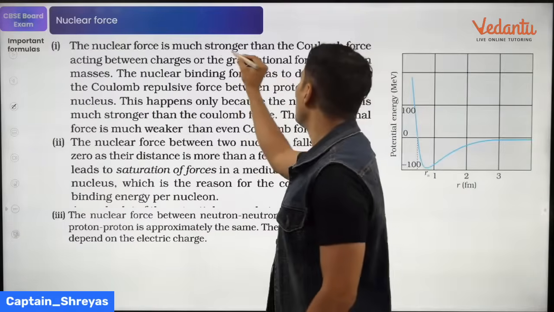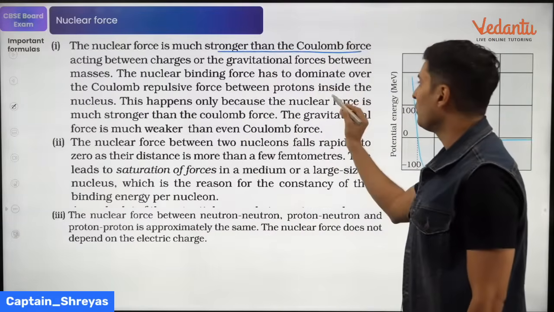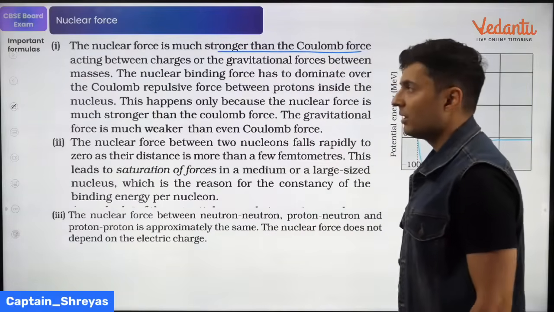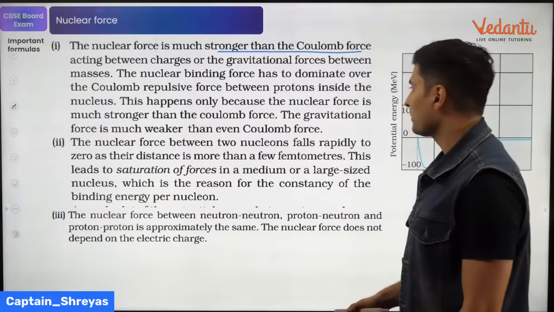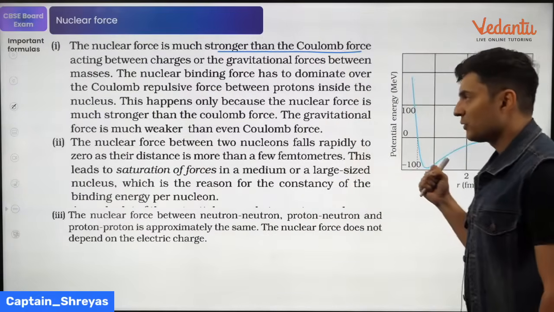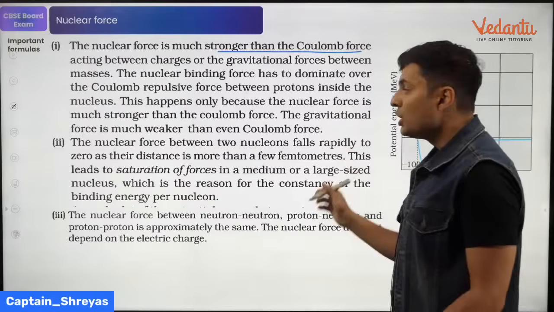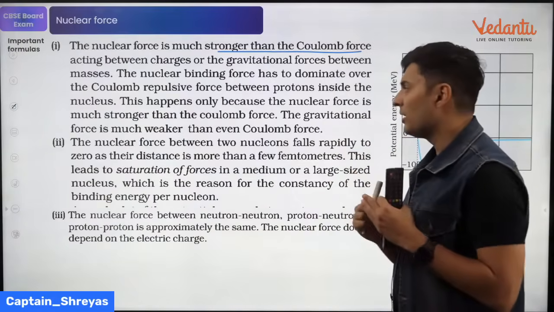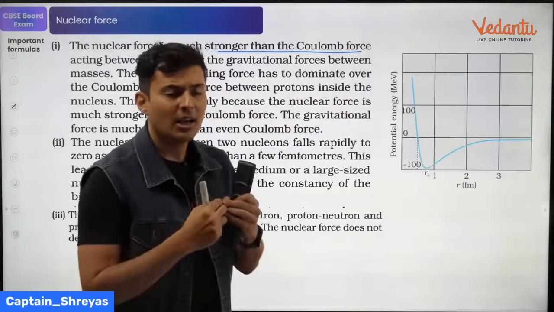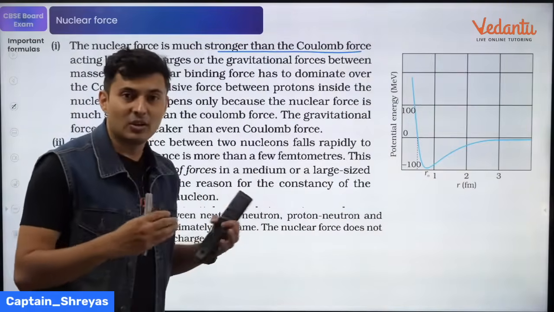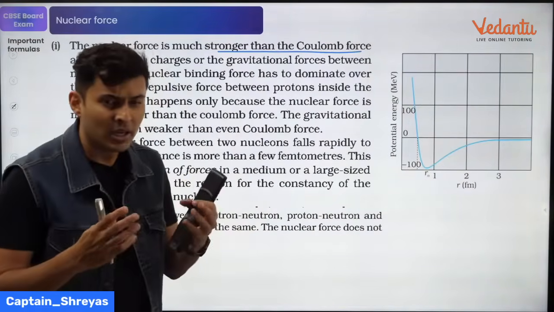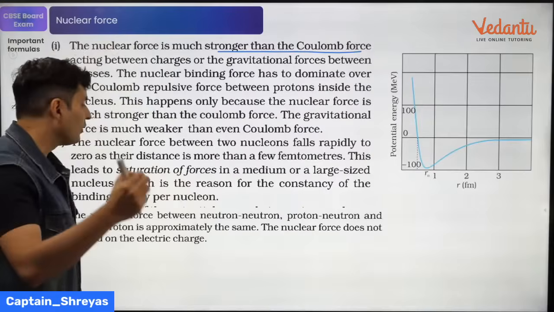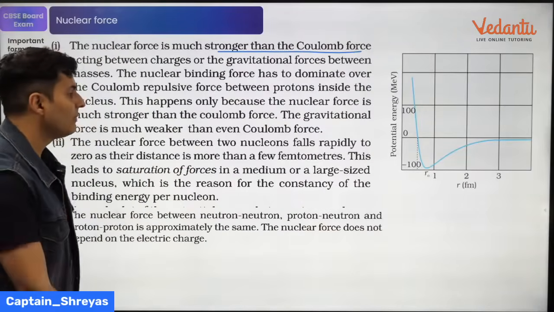Nuclear force is stronger than Coulomb force. Nuclear force can dominate over the Coulomb force or electric force. It's because it's the strongest force in nature. Also, the nuclear force acts at a very small distance. It does not act at meters or centimeters or even Angstroms. It acts only till a few 10 to the power minus 15 meters.